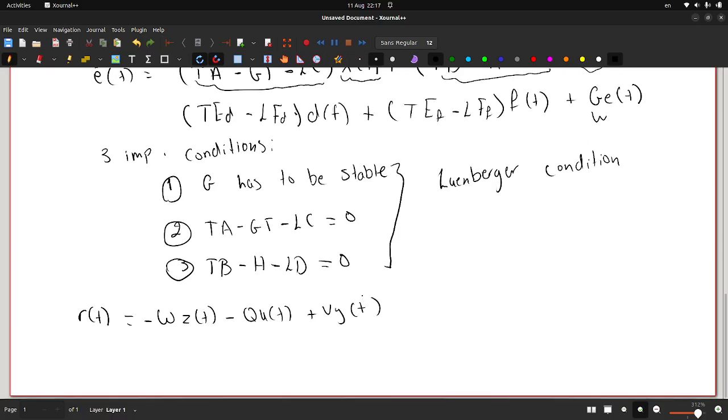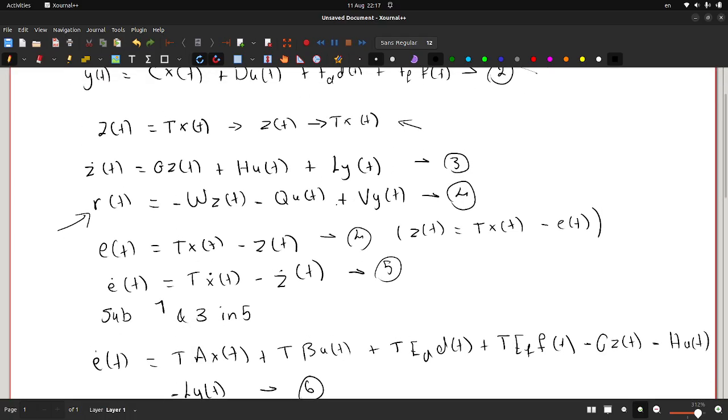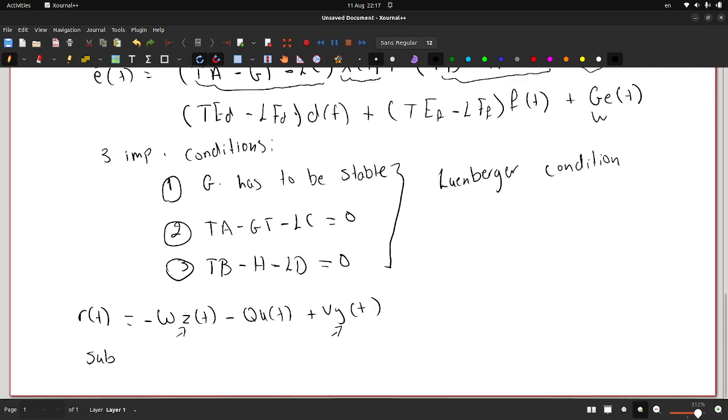Let's substitute. We want to get rid of z and y. So we want to substitute 2 and 4 here in the residual signal.